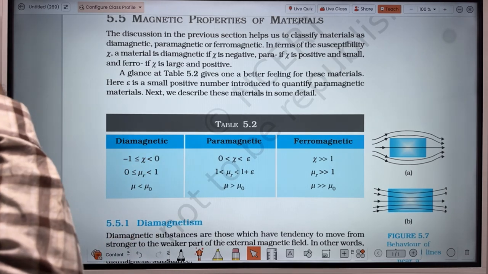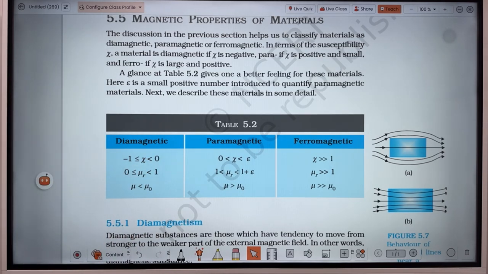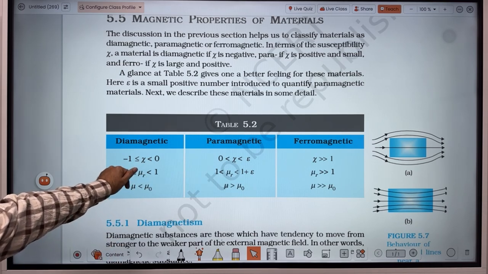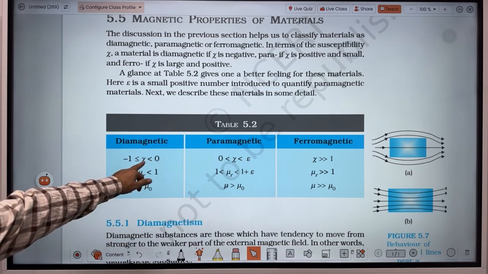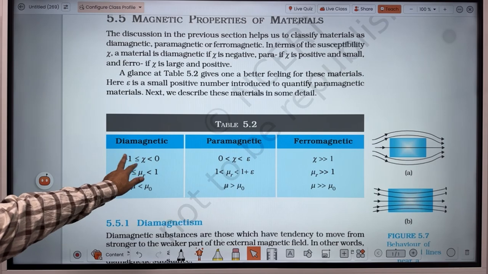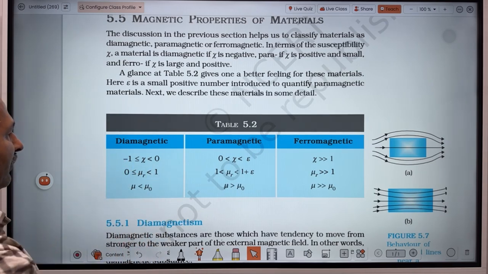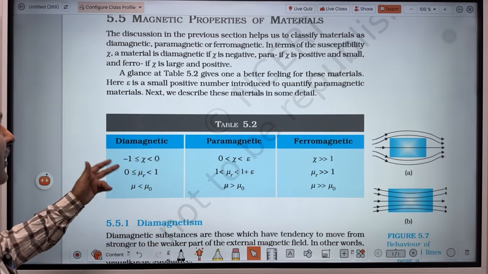Suppose you are given a value of chi as 0.2, then you will say that this is what? Diamagnetic. It can be negative also, right? Sorry, it must be negative, but it should not be beyond -1.